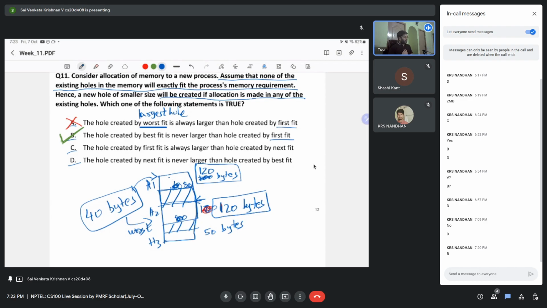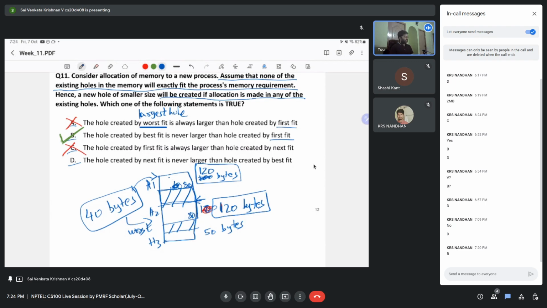So the remaining 80 bytes hole it will be forming. So if you see in a first fit or a next fit, the same 80 bytes hole size is being created. So the statement that hole created by first fit is always larger than the hole created by next fit is false, because we found a contradicting example.